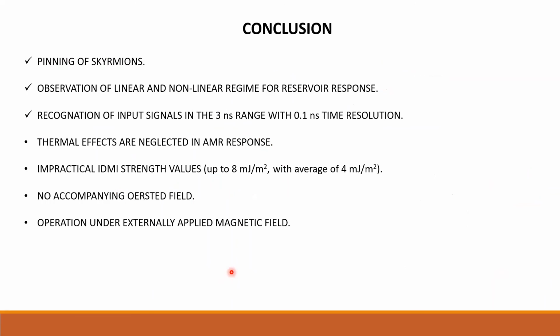In conclusion, they have achieved pinning of Skyrmions with the granular structure. They also observe linear and nonlinear regimes for reservoir response, and they have also successfully recognized the input signals in the 3 nanosecond range with 0.1 nanosecond time resolution.